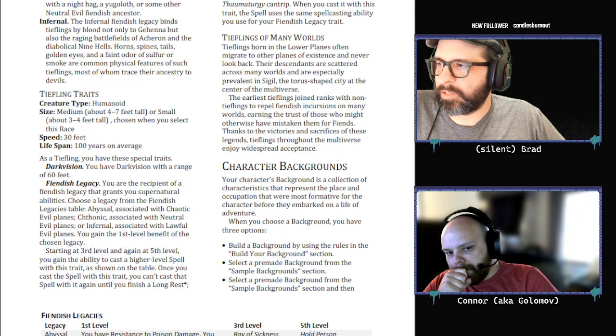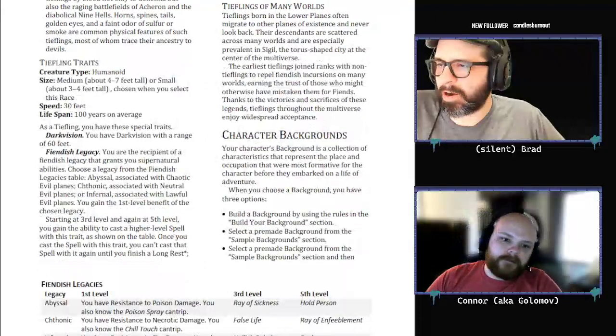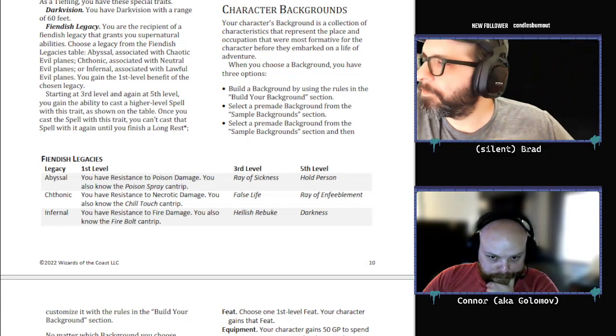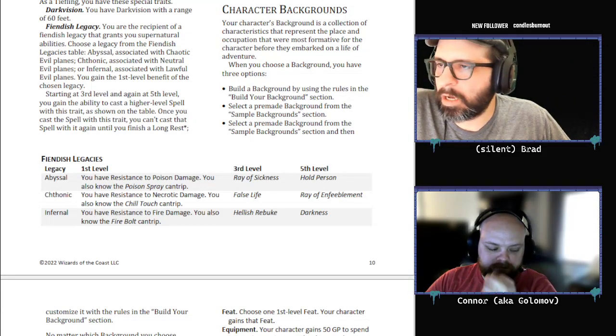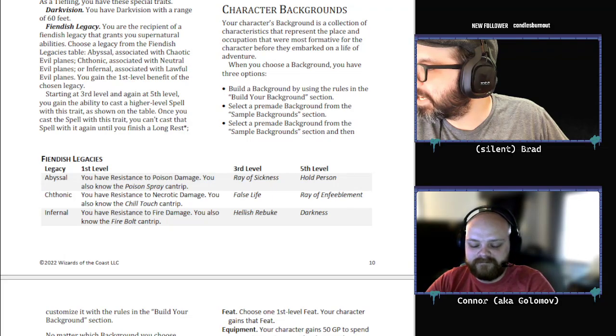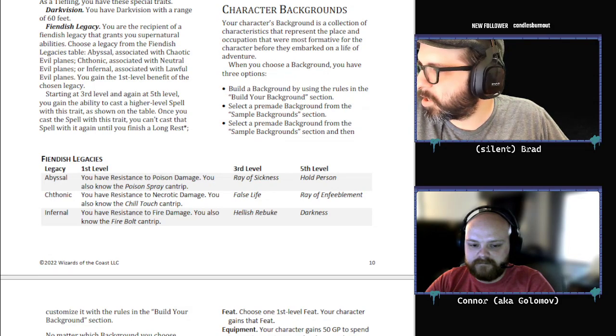Okay. So, backgrounds now. The default for backgrounds is to build your own. Now, I want to open the Player's Handbook because I believe technically, you might want to tweak some of the features of a background so it better fits your character.